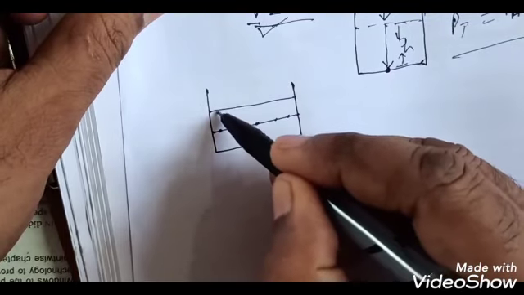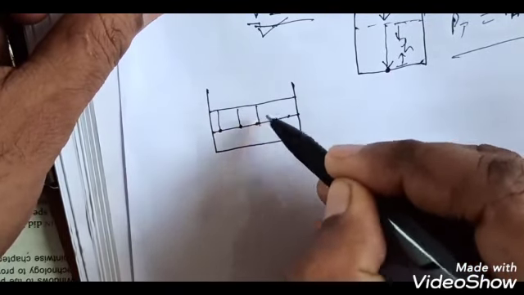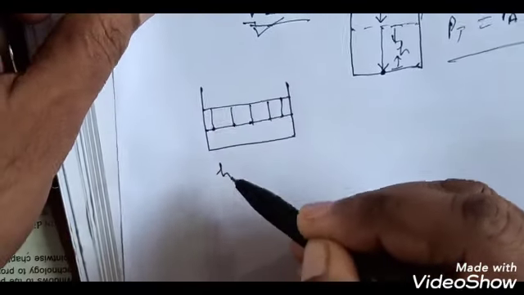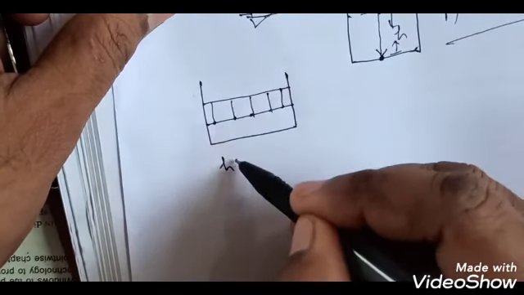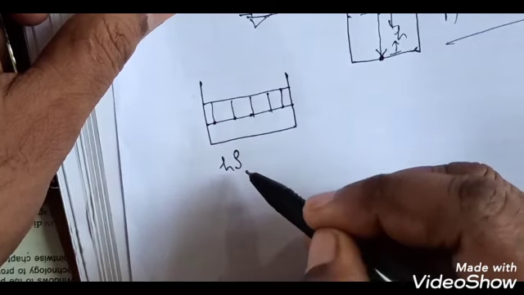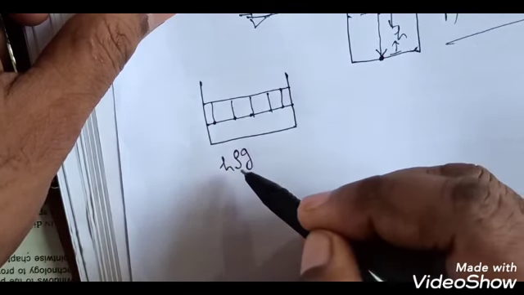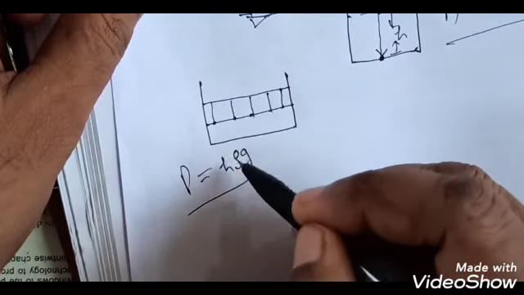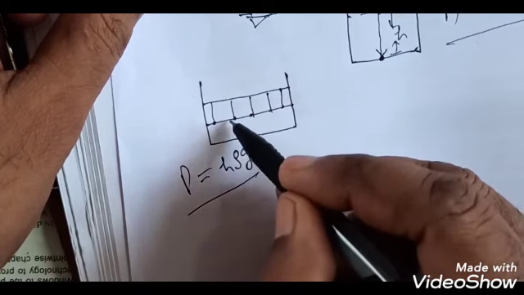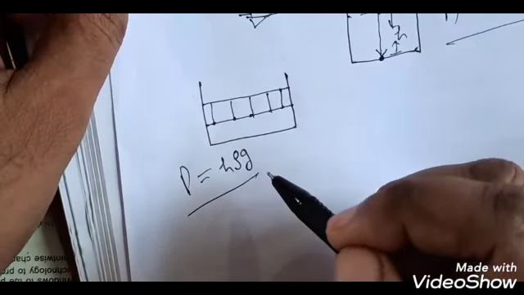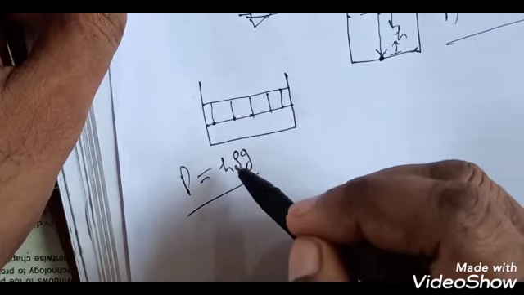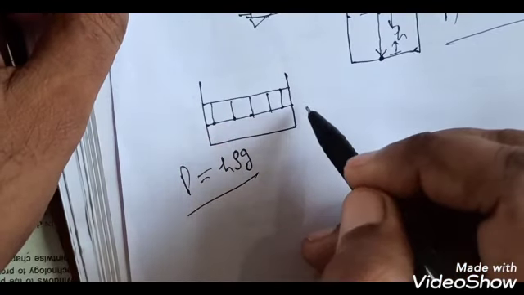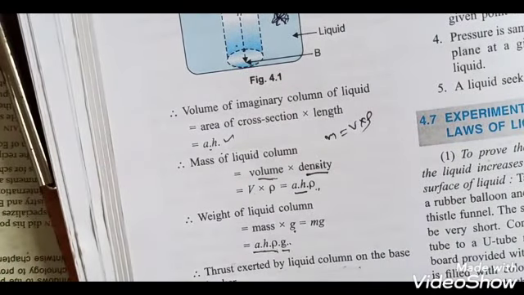Because on a horizontal line, depth at all the places is the same, so h is the same. And because it is the same liquid, rho, the density of the liquid, is the same, g at a place is the same, and therefore pressure is the same. Because pressure depends on these three factors, and all three are the same for all the points on a horizontal line, pressure on all the points will be the same, right? So this is the fourth one.